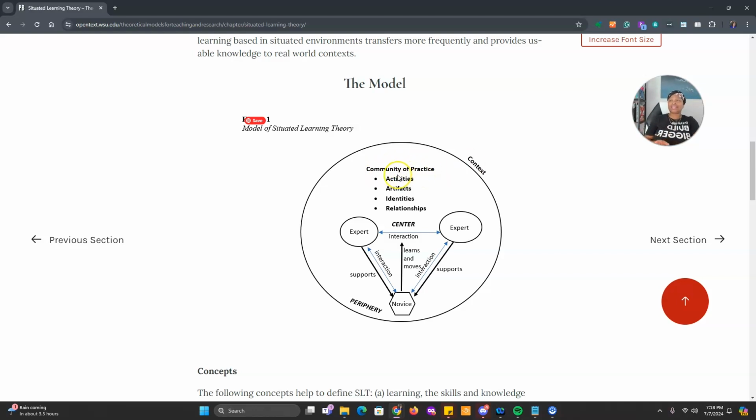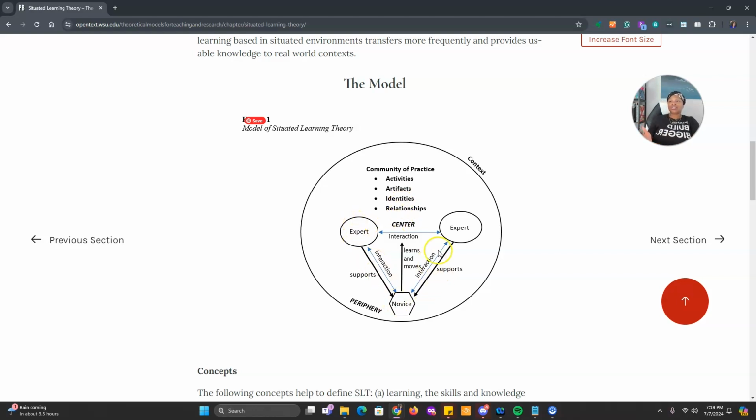Within the community of practice, it talks about making sure to have activities, artifacts, identities, and relationships identified, and being clear about how they function within the community, how they support the practice, and how they support the folks that are practicing.